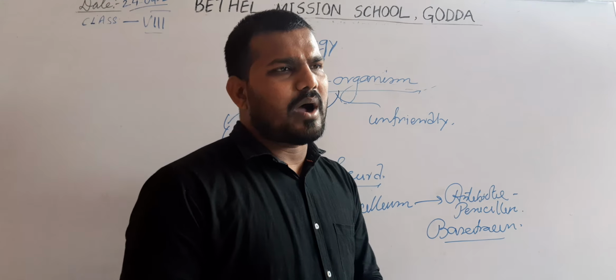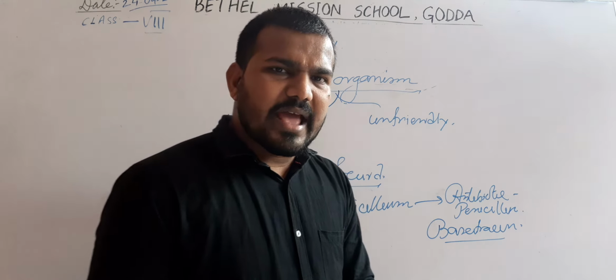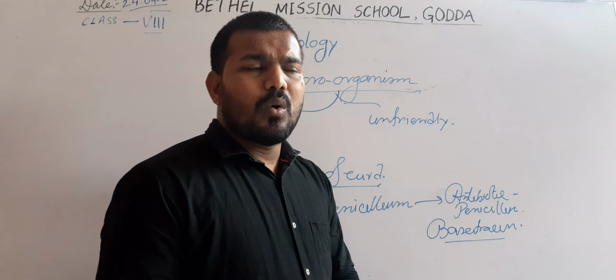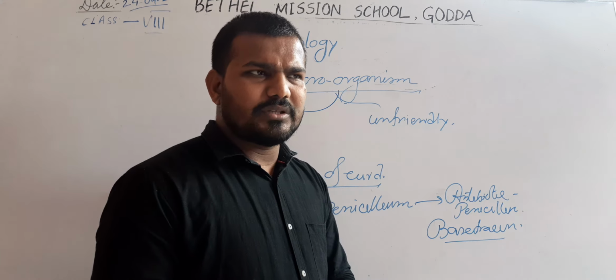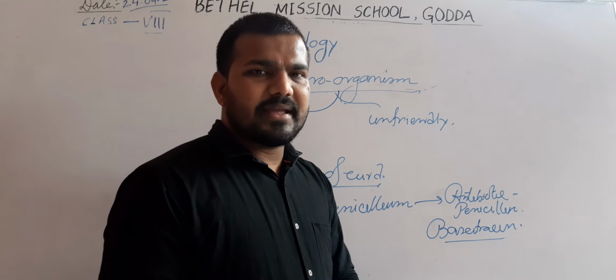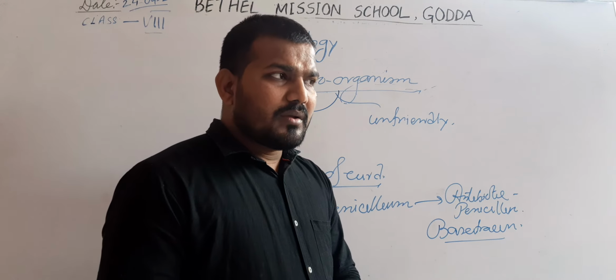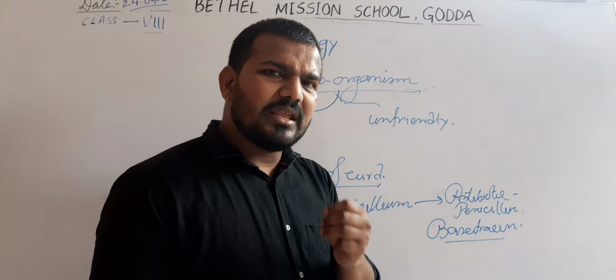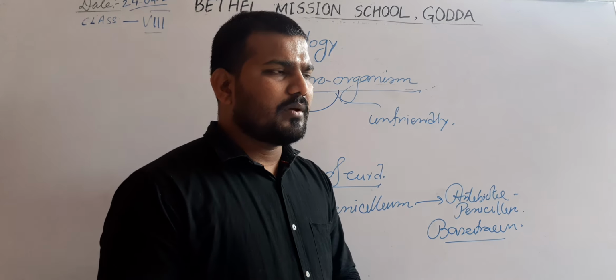The second one, Acetobacter aceti is used for the preparation of vinegar. The third one, the bacterium rennin helps in the production of cheese. So these are three microorganisms and their roles.